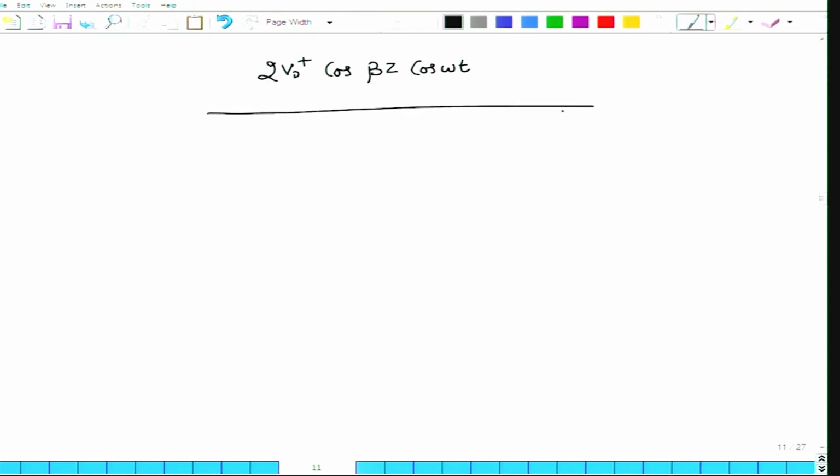Okay. If you now go back to the transmission line and pick a point where cos(βz) is equal to 0, that is the case we had considered at -π/2β. If you pick z equal to -π/2β, you would see that no matter how time changes, the voltage at this point will always be 0.